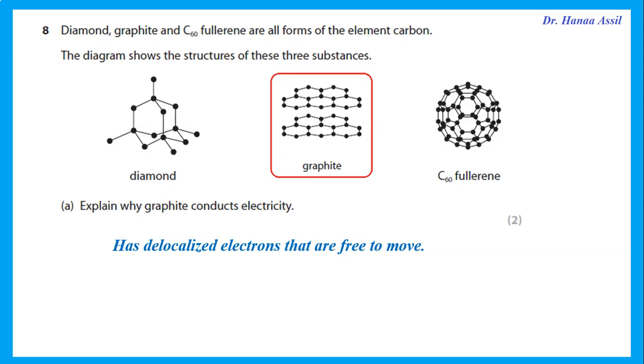Remember, graphite is the only non-metal that conducts electricity. Why does it conduct electricity? We said each carbon is bonded to only 3 carbons, so each carbon has 1 electron floating around, so we say it has delocalized electrons that are free to move.